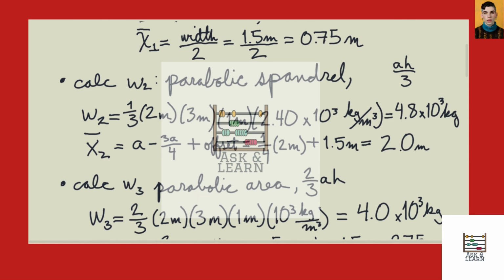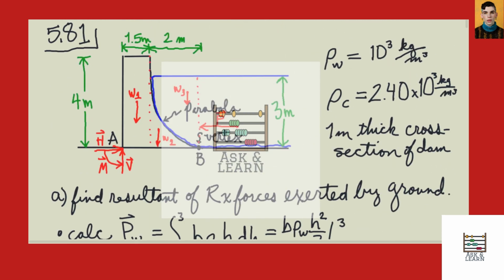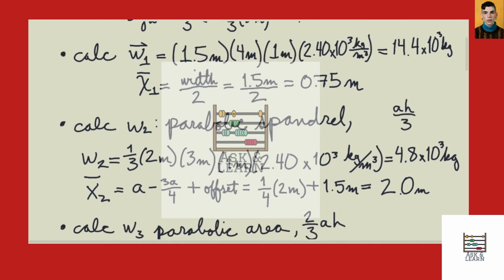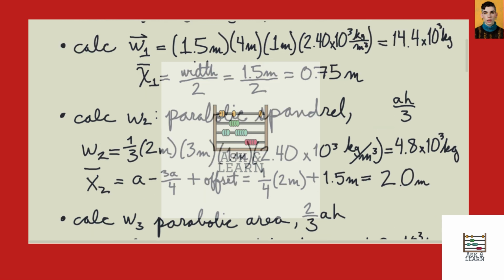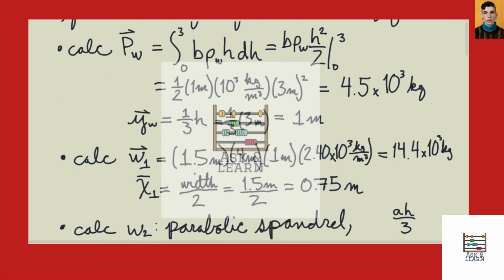So that leaves us with the formula: the span of 2 meters minus 3 times A, again 2 meters, that product divided by 4, plus the total offset of the section, which is 1.5 meters from A. Plugging those in, we find 1/4 times 2 meters plus 1.5 meters is 2 meters. Again, that's the x location of the centroid of this parabolic spandrel.